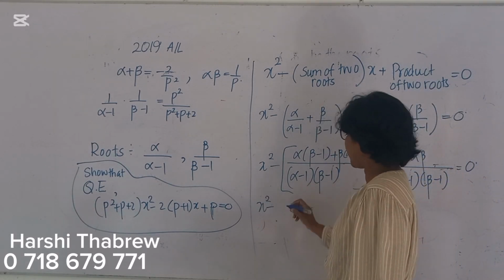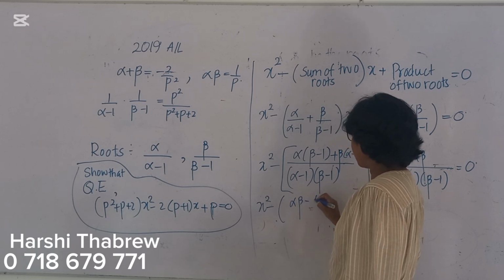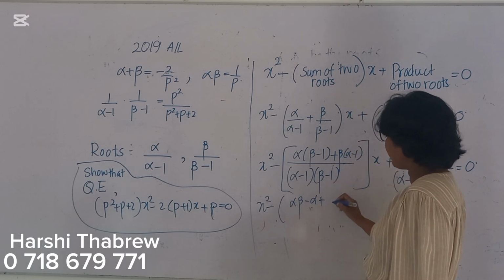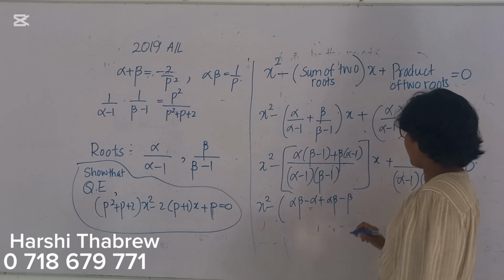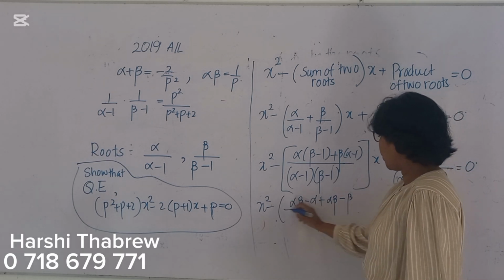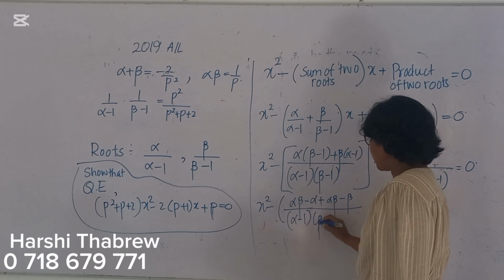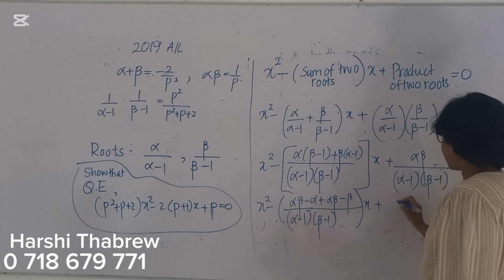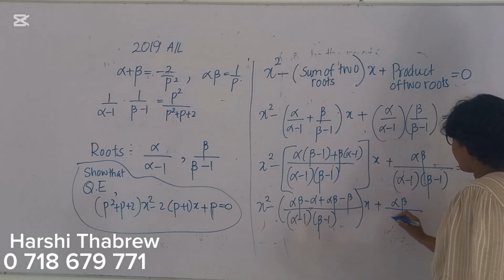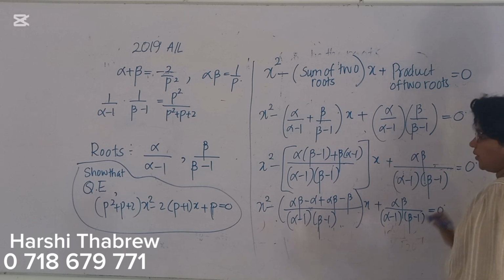Now you can bring brackets: minus alpha beta minus alpha plus beta alpha means alpha beta minus beta, over alpha minus 1 times beta minus 1, times x plus alpha beta over alpha minus 1 times beta minus 1 equals 0.